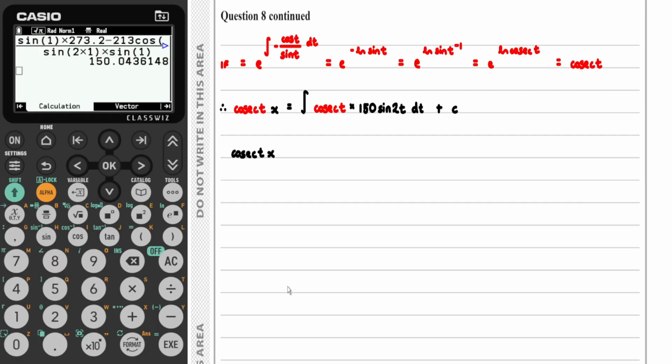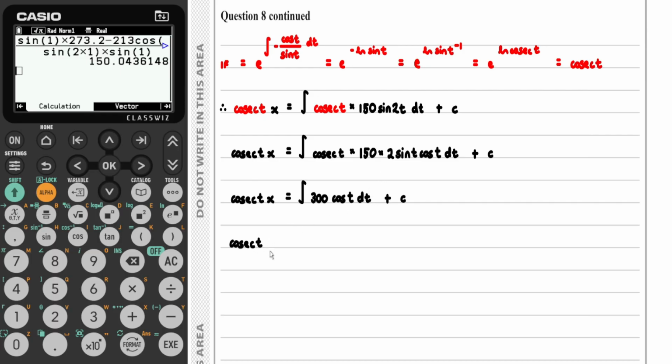So we have cosec t x equals the integral of cosec t times 150 times sin 2t, and sin 2t is the same as 2 sin t cos t. And so we have cosec t x equals the integral of 150 times 2, which is 300, and then we've got this cos t. You'd find the cosec t times the sin t simplifies to 1.